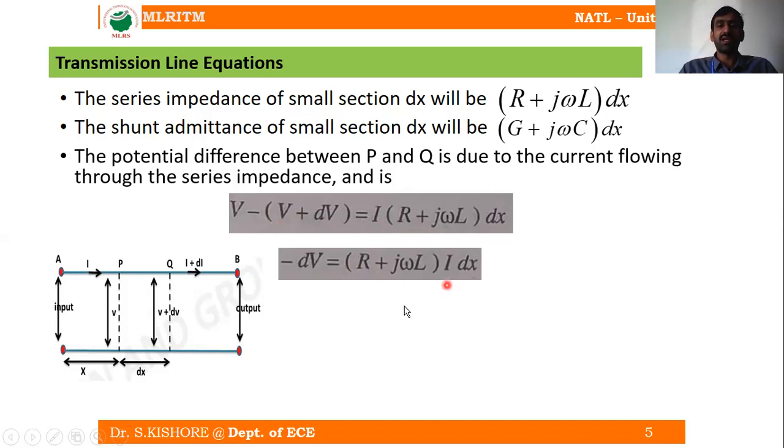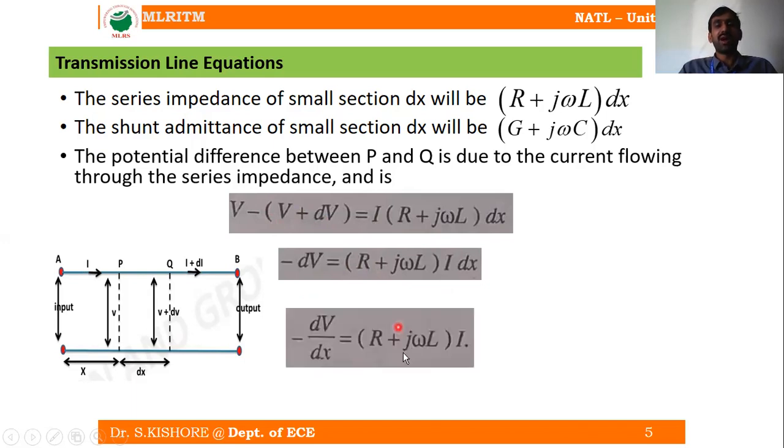Simplifying, V minus V gets cancelled, so minus dV equals R plus j omega L into I dx. So with respect to the distance x, the change in voltage, minus dV by dx, is equal to R plus j omega L into I. Let us call this equation number 1.